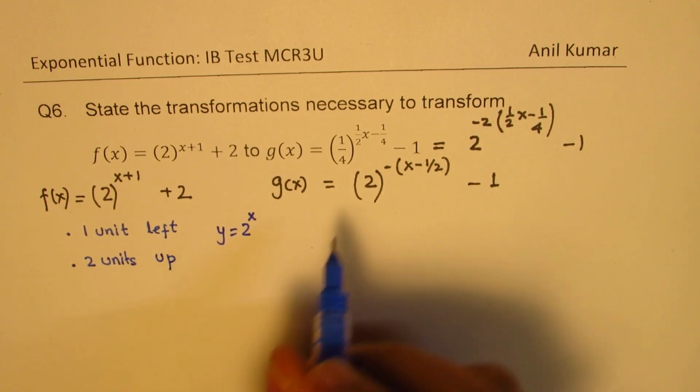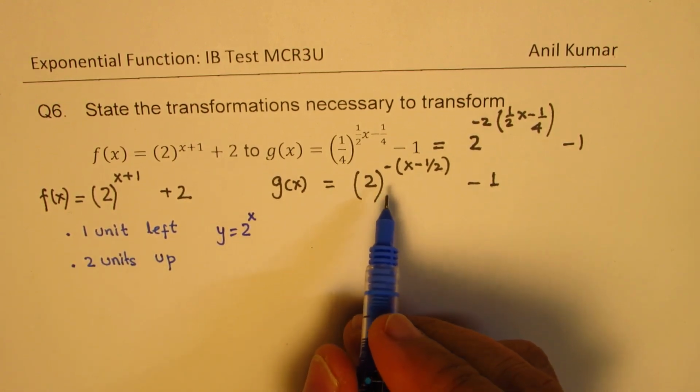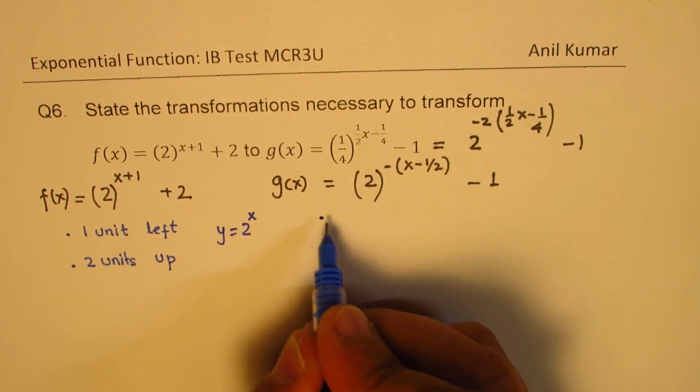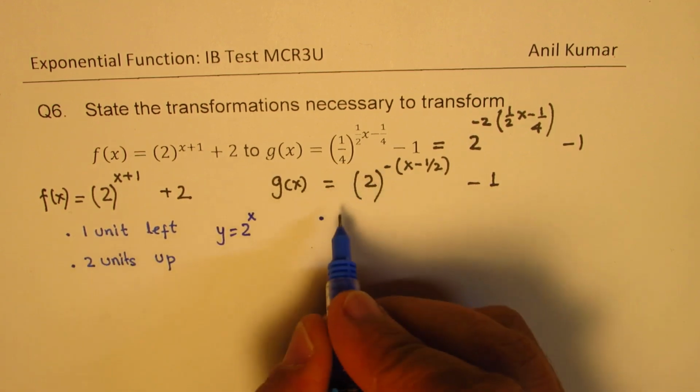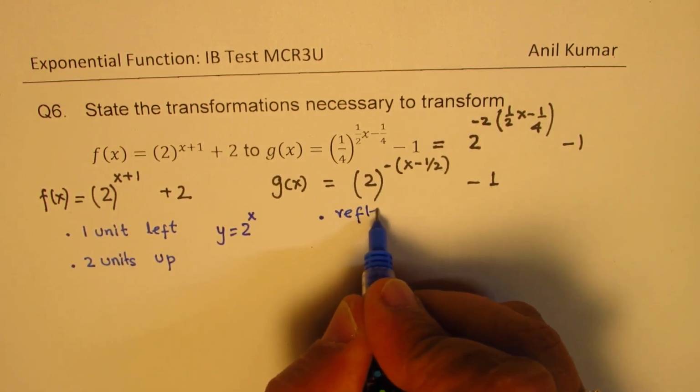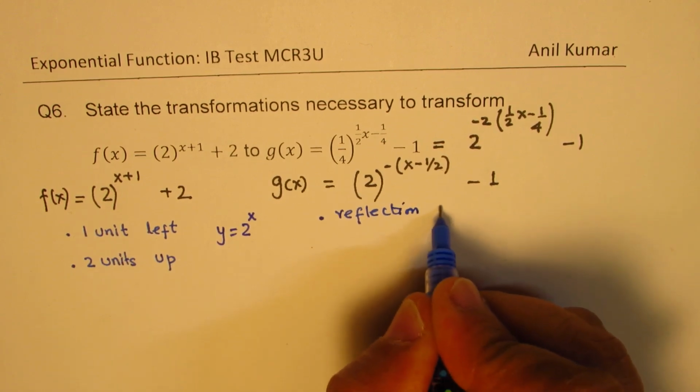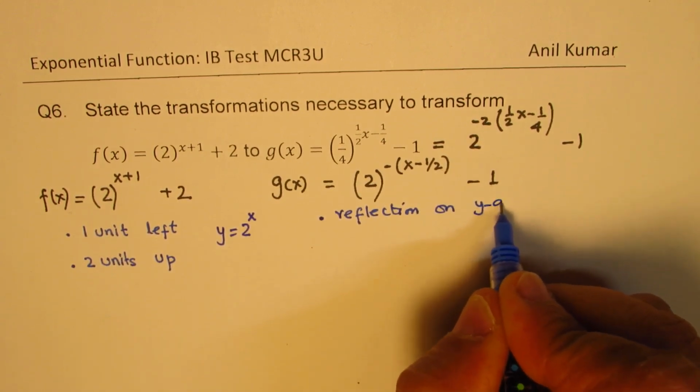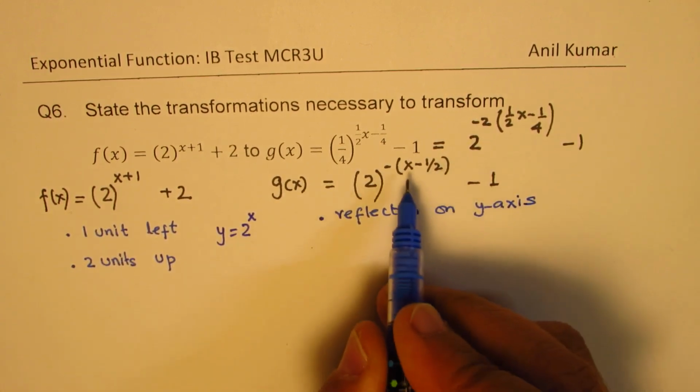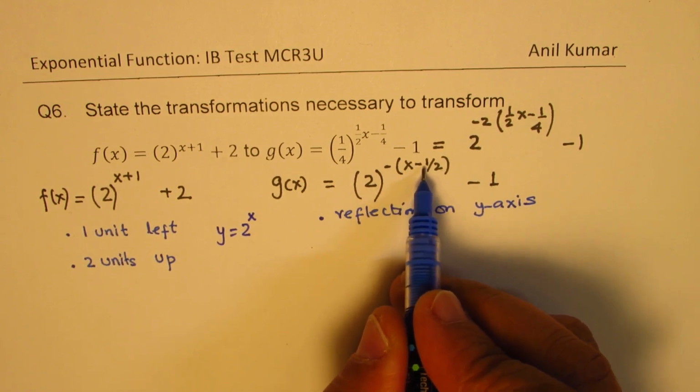And this 2 gives me 2 units up. On this side, what are we doing? We have an additional transformation, which is reflection on the y-axis. Let's write down: reflection on the y-axis. And then we have half unit right.